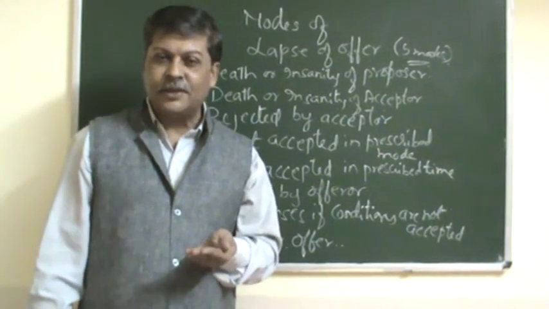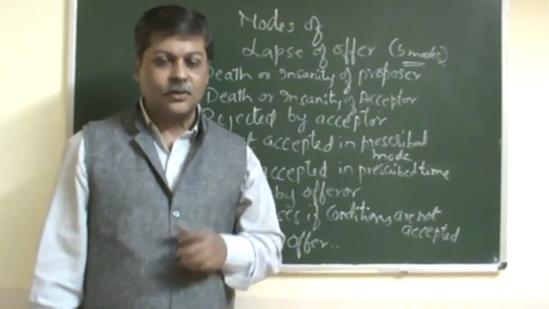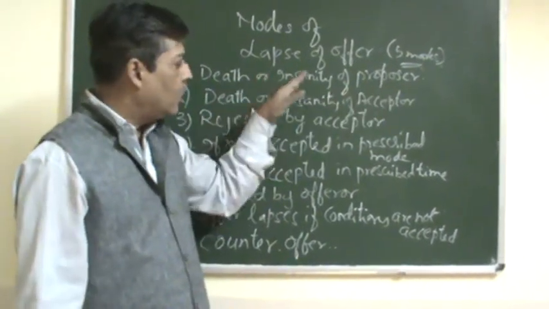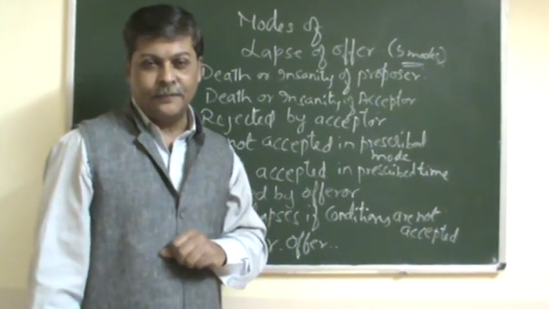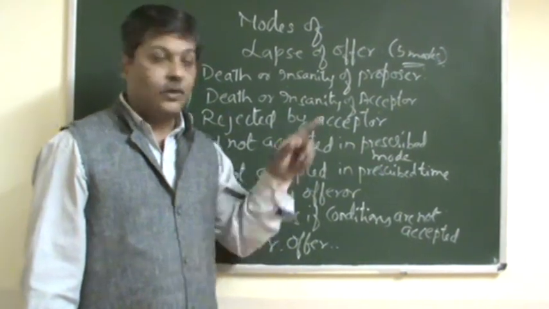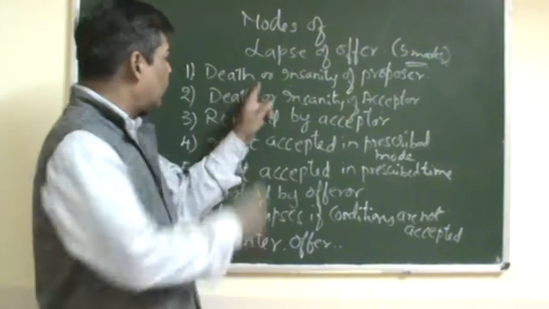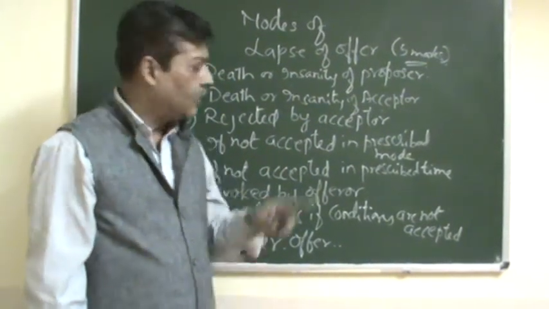Though he has received it, he has not accepted it. Before acceptance he comes to know that the proposer has died or has become insane, that is, of unsound mind. That leads to the lapse of the offer. This is the first circumstance where the offer comes to an end.